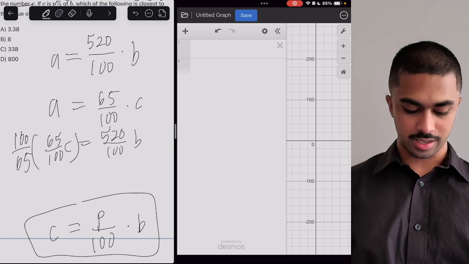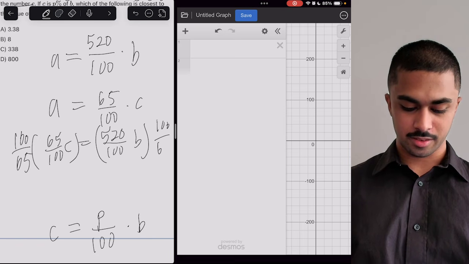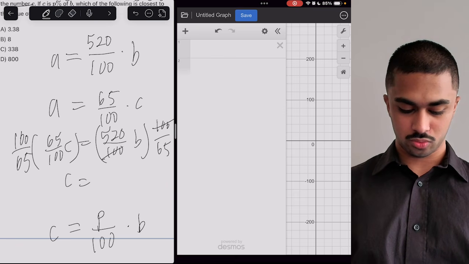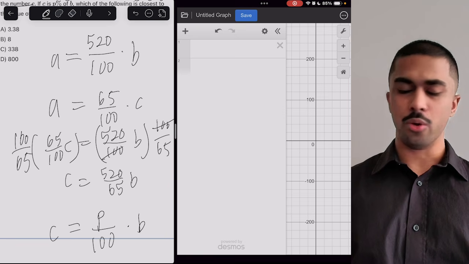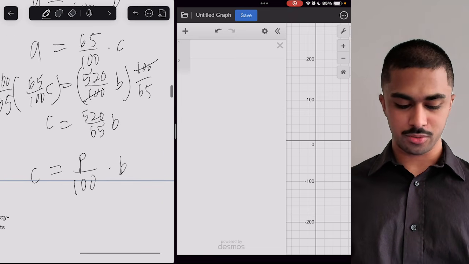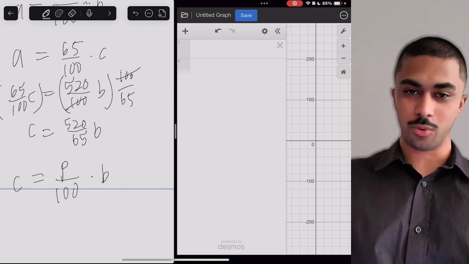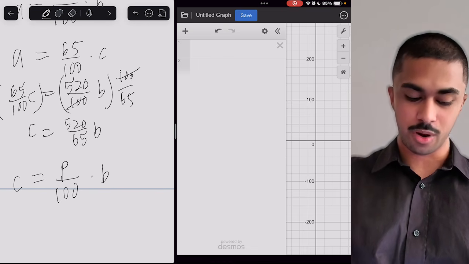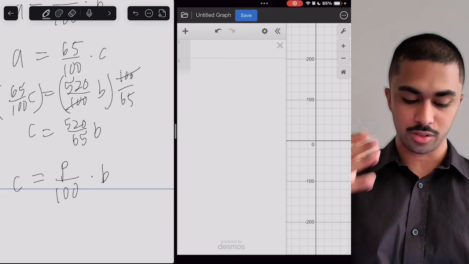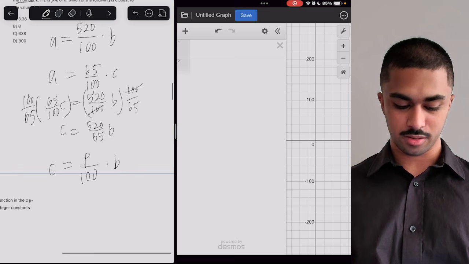Because if we want it to look like this, then C is isolated, so we have to isolate C. Okay, C equals 520 over 65. Don't simplify this yet, we don't need to do that. Desmos can do all the math all at once at the end. For right now, just focus on doing the work right because we need to solve for P. That's the end goal.